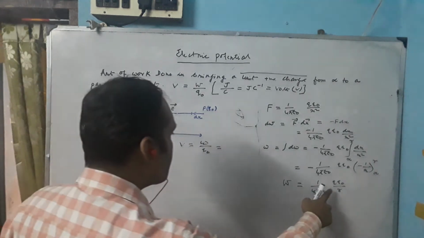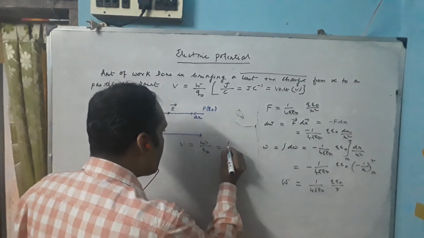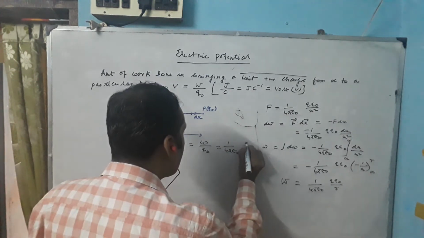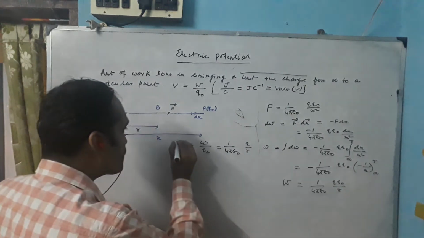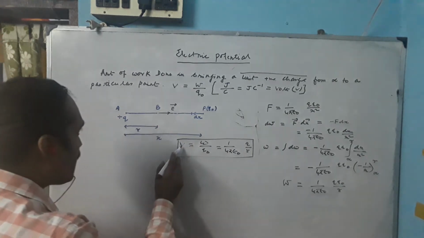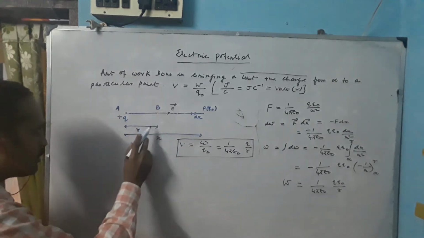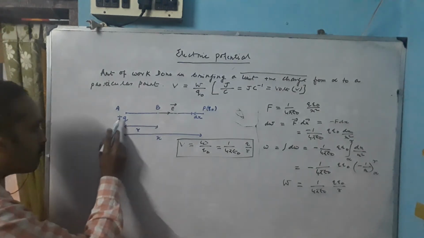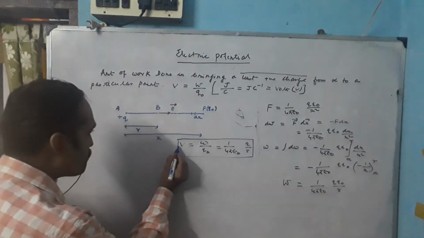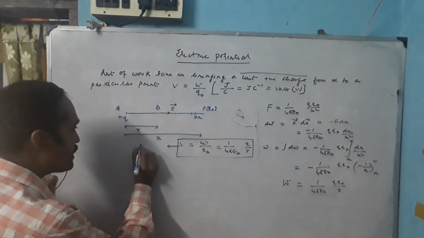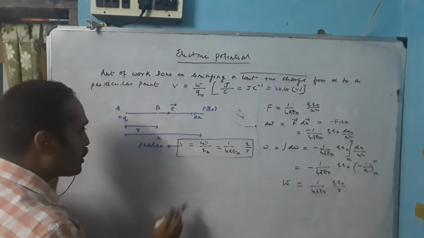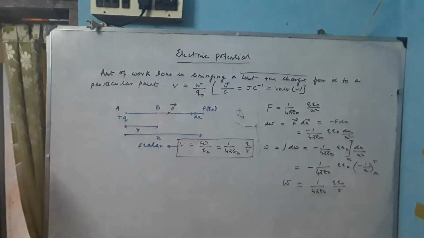So dividing this W by Q0, we can say that the potential is 1 by 4 pi epsilon 0 Q by R as the working formula for the potential at a point B, which is at a distance R from plus Q. Not to mention, potential is a scalar quantity, because work and charge both are scalar.